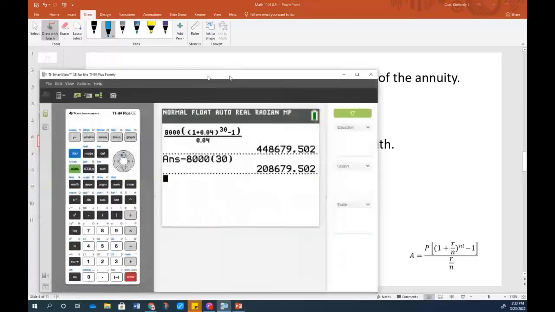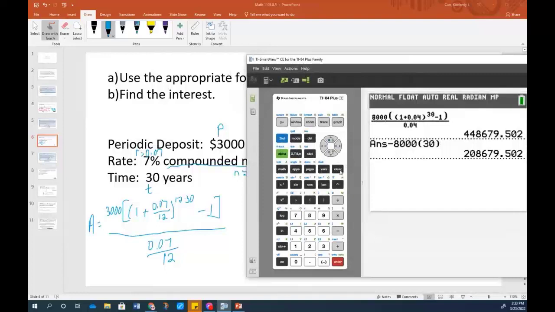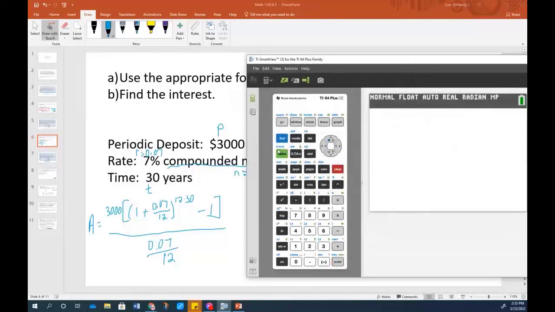I definitely want to work with my calculator over here, so I'm going to hit clear. To get started with that fraction, alpha y equals enter.